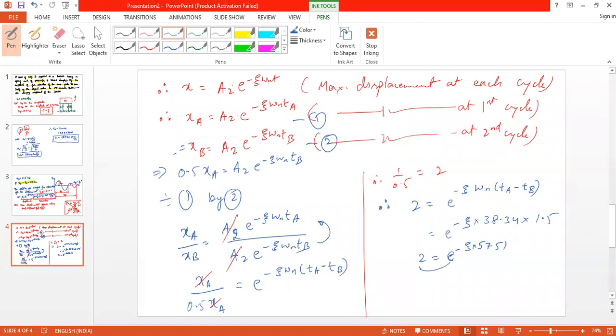I can take ln on both sides: ln of 2 is equal to minus 57.51 times zeta, or zeta is equal to ln 2 by minus 57.51.